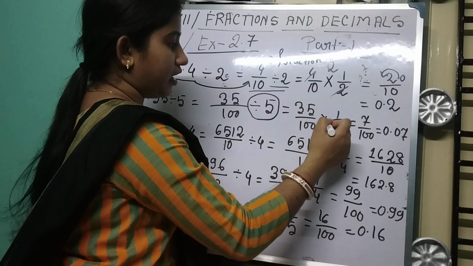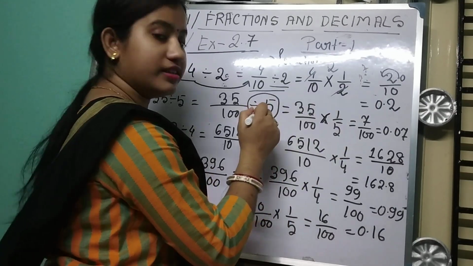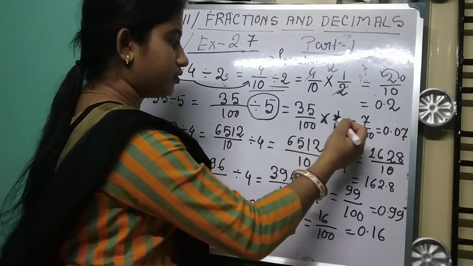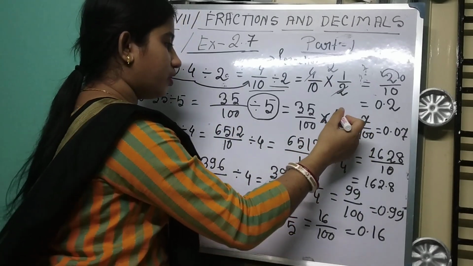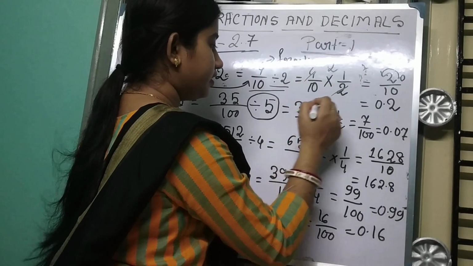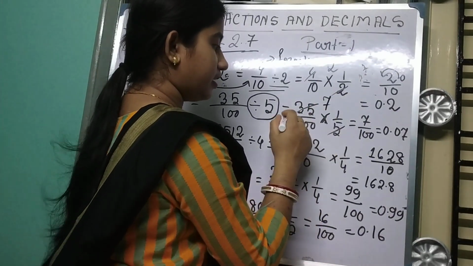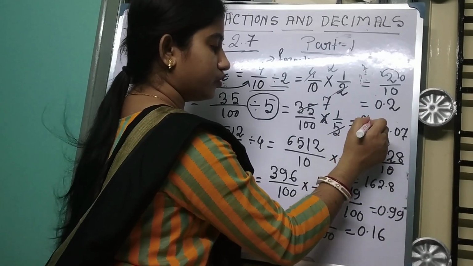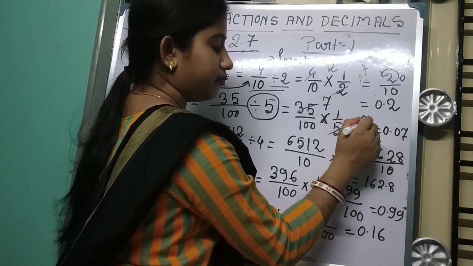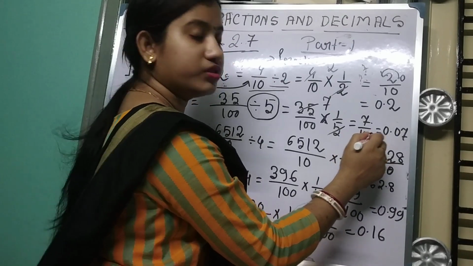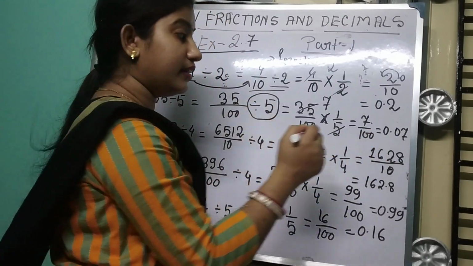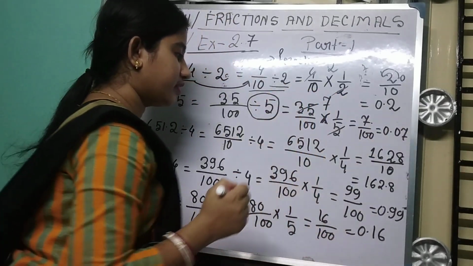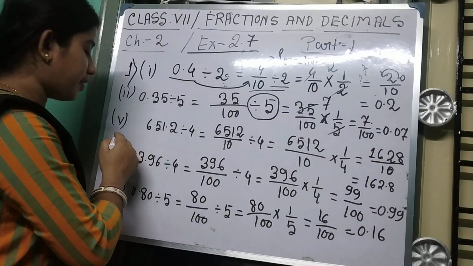So we write the multiplication sign, and the reciprocal of 5 means 1 by 5. So 1 by 5, simplify it, 5 7s are 35. So this is equal to 7 by 100. That means we shift the decimal point by 2 places, that is 2 zeros, so 2 places to the left side. So this is 0.07.